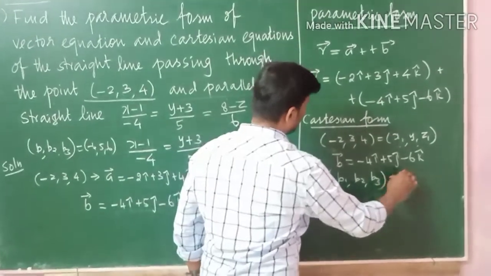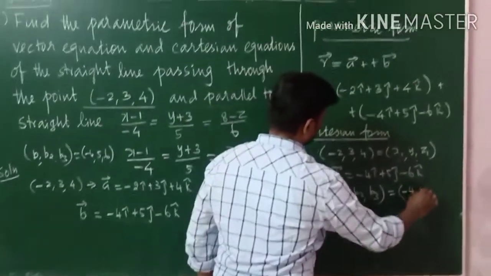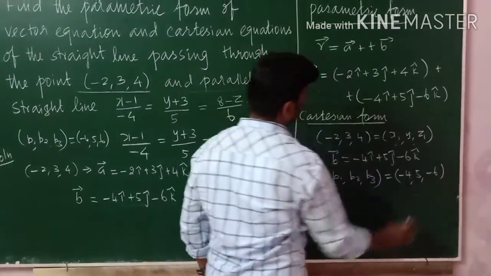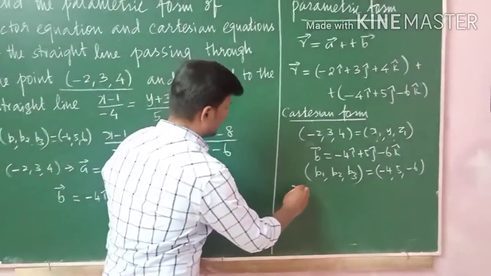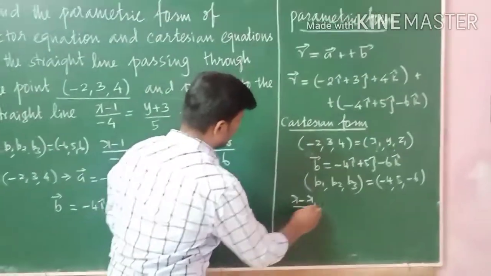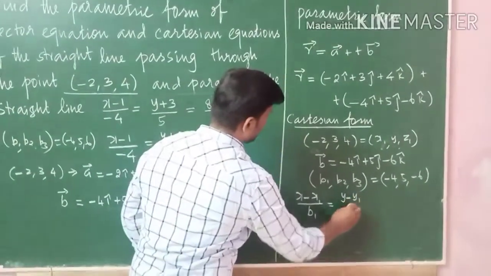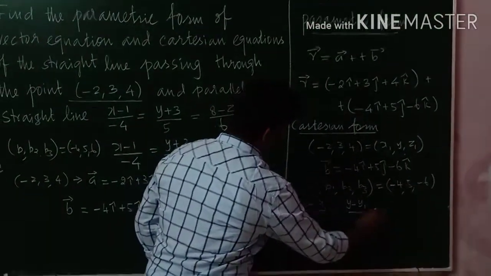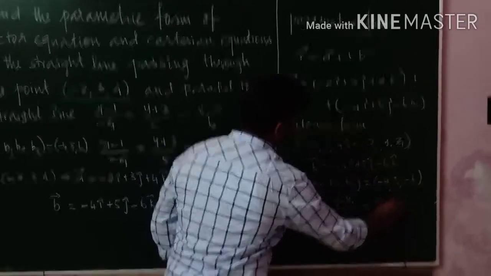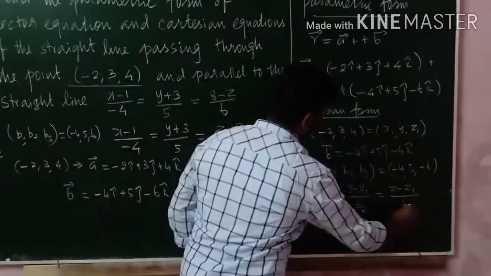So b1, b2, b3 are minus 4, 5, minus 6. But what is the Cartesian form? x minus x1 by b1 is equal to y minus y1 by b2 is equal to z minus z1 by b3.